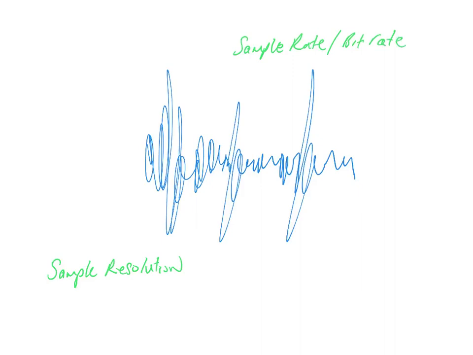So the sample rate is the intervals, or the number of times per second that you take a sample. So that's the sample rate or the bit rate. But the sample resolution is how much information you record about the height, or the amplitude, of the wave.